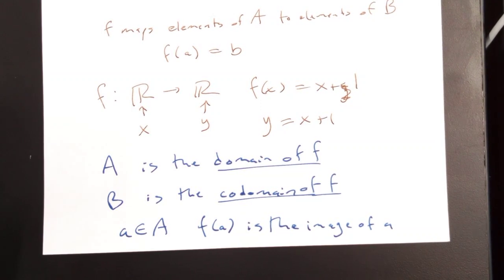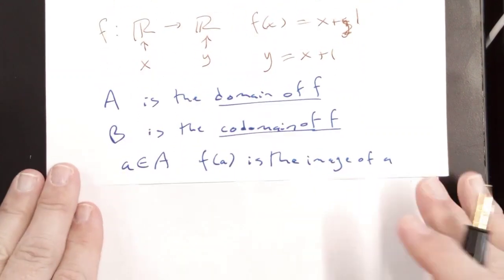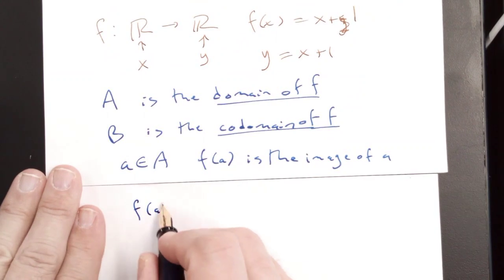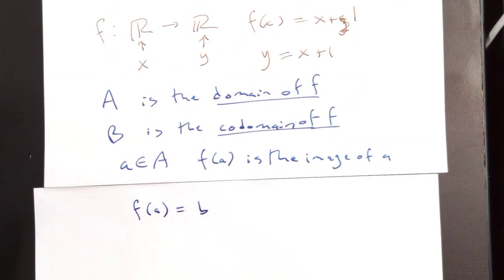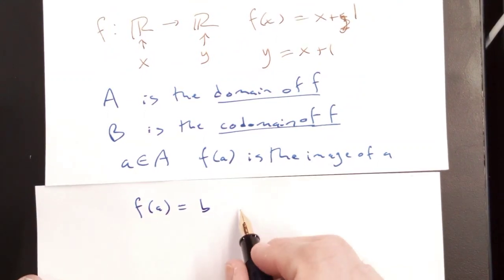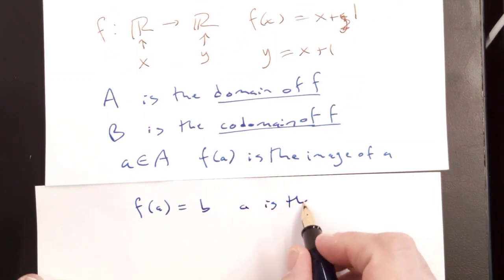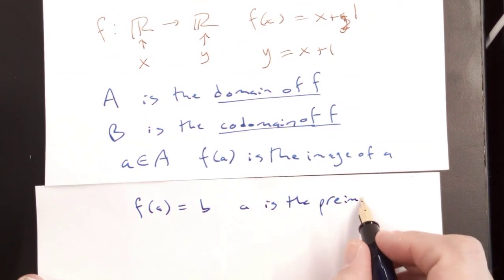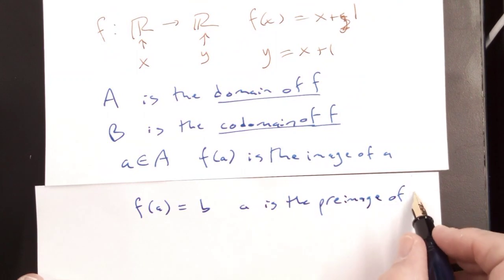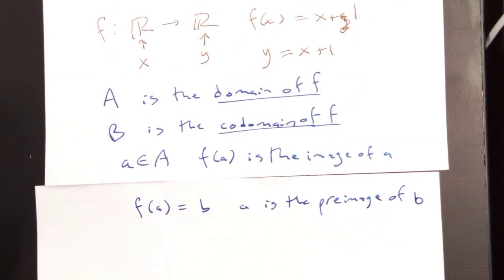And if I were to write that as b for some little b, I could also work backwards and say that a is the pre-image of b. So why don't I use the word range? Because what I really want to define the range as, I want to define the range as the parts of the codomain set that we hit.